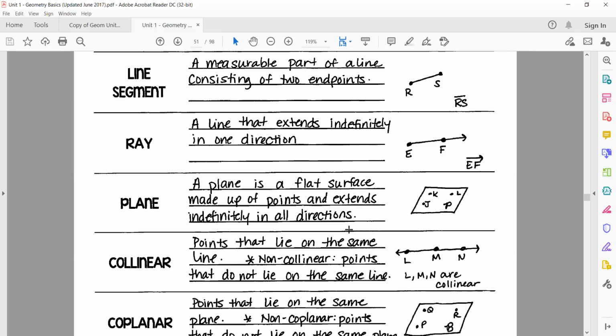If we're going to identify this plane, we have to use 3 of the letters. We have to identify it by 3 letters that go with points that are on that plane. Any 3 will do, doesn't matter. As long as they're on that plane, we can use any 3 of those letters.